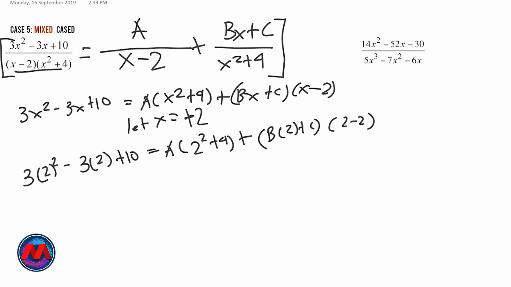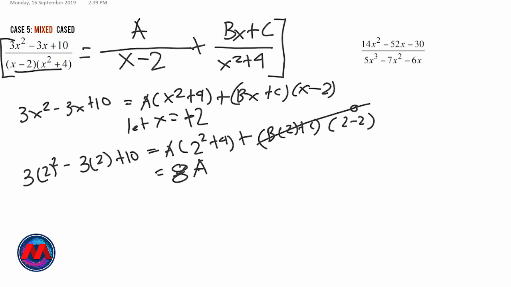Okay, 2 minus 2 is 0. 0 multiplied here, cancel na yan kasi 0 din yan. So, we're left here, makukuha natin yung value ng A. 2 squared is 4, plus 4 is 8. So, this is 8A.